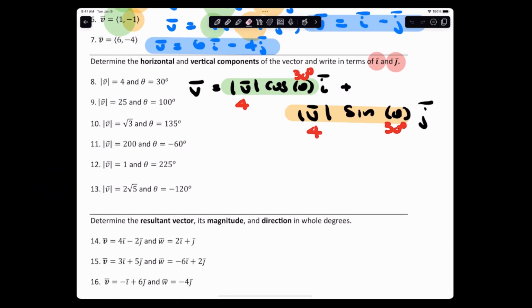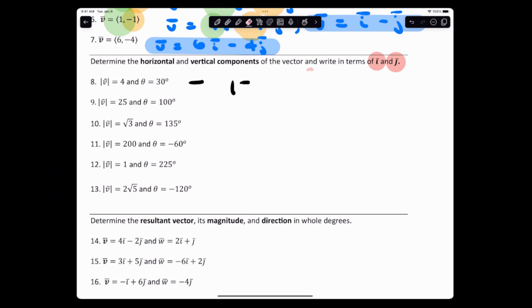So I'm going to erase this. And what I'm going to do now is ask you to do this yourself.